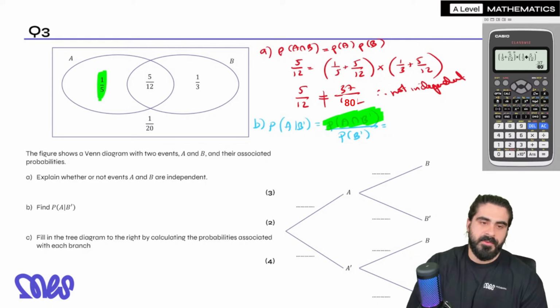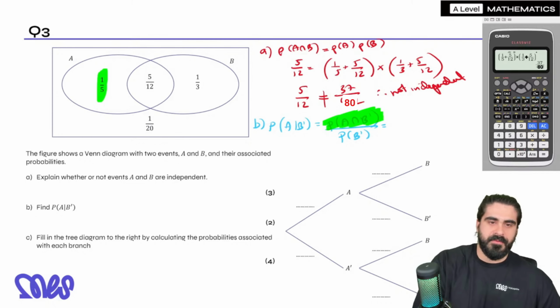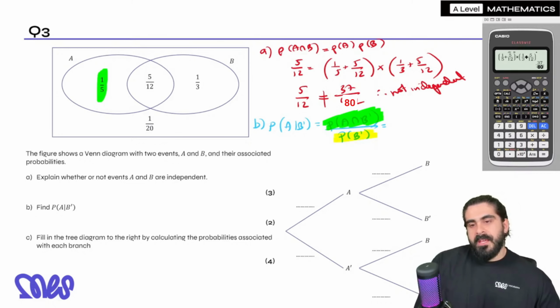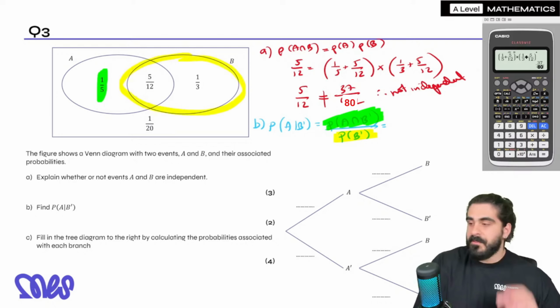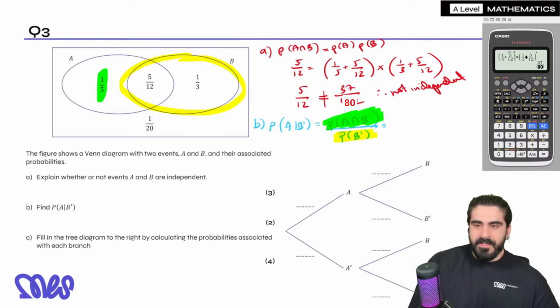We want what's in A and not in B. Then what's the probability of not B? Again, that should be quite standard. Not B is anything on the outside of this, which is a fifth plus 1/20, isn't it? We have 1/5 over 1/5 plus 1/20, which is 4/5 then.